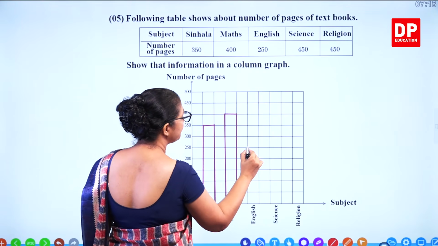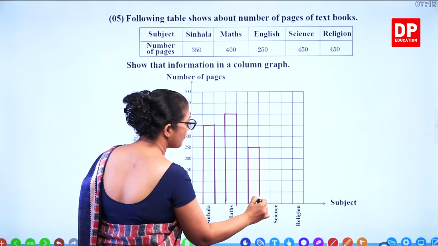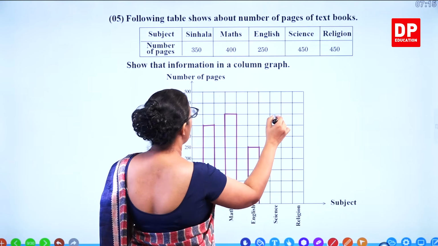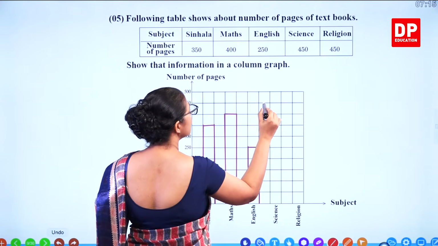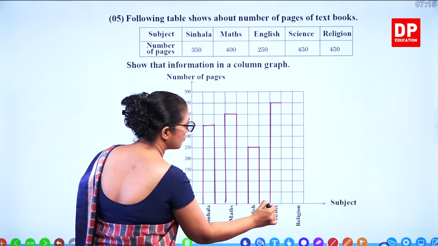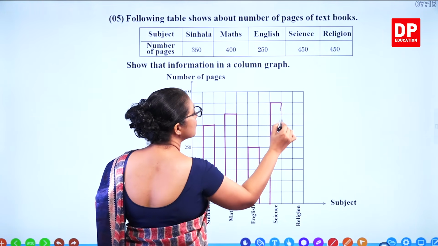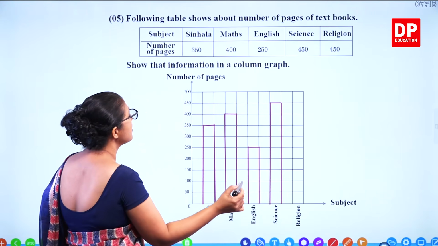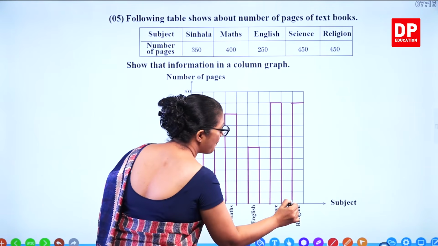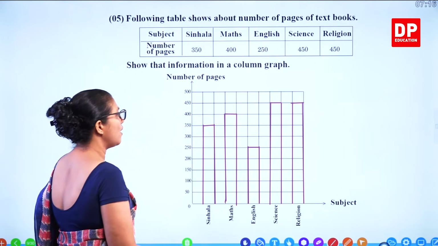English 250. Science 450. Here. And religion also 450. Now we'll color this.